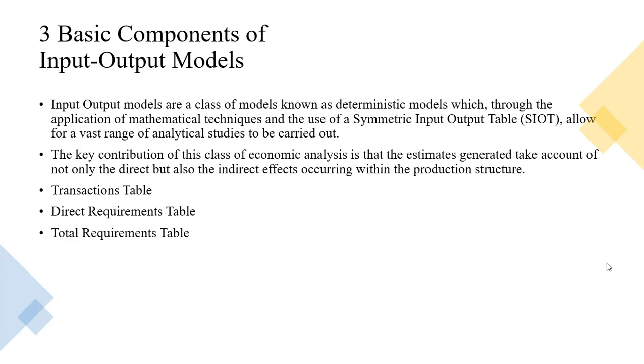The key contribution of this class of economic analysis is that the estimate generated takes account of not only the direct but also indirect effects. Suppose we know how much a company emits into the environment, for example the cement industry, how much they emit while producing cement. That is basically the direct emission, but it totally omits the indirect emissions.